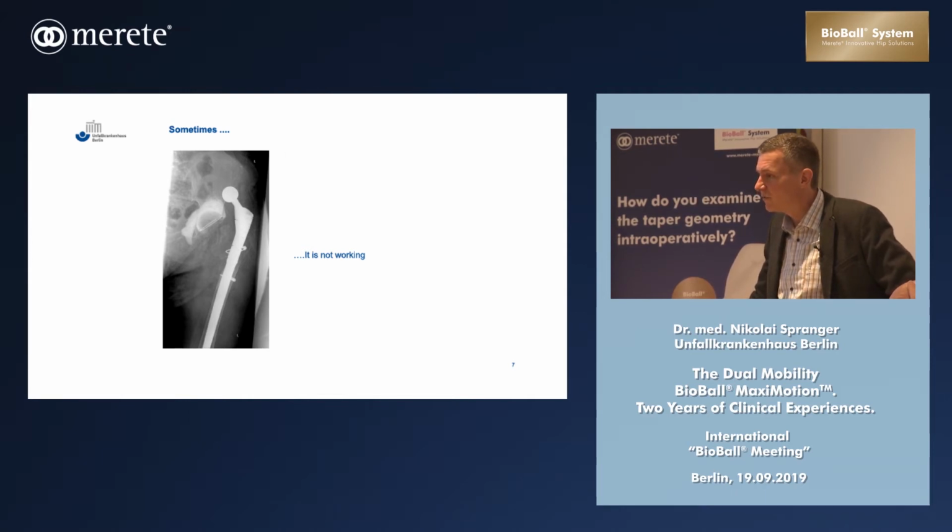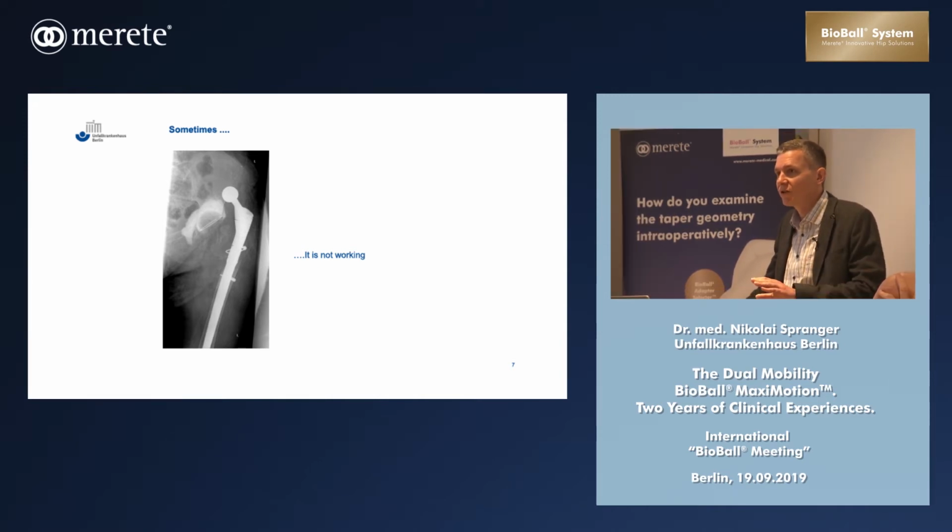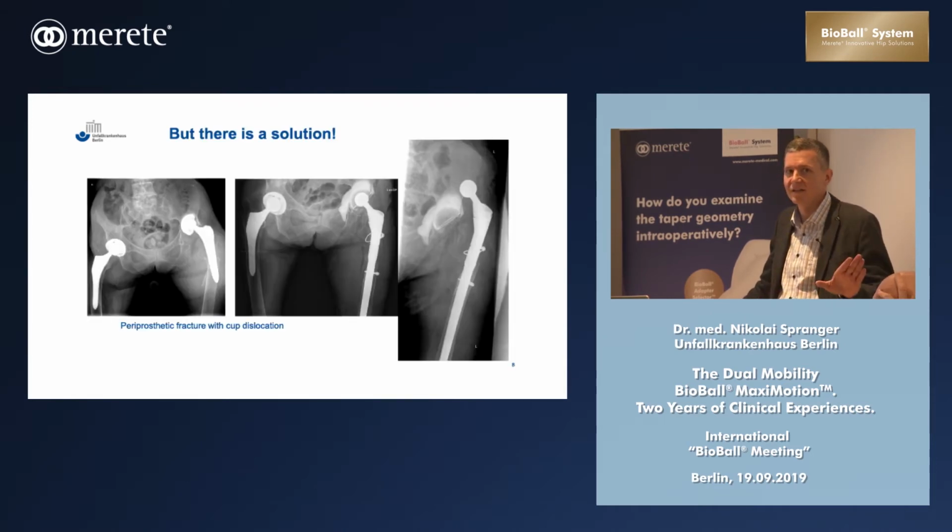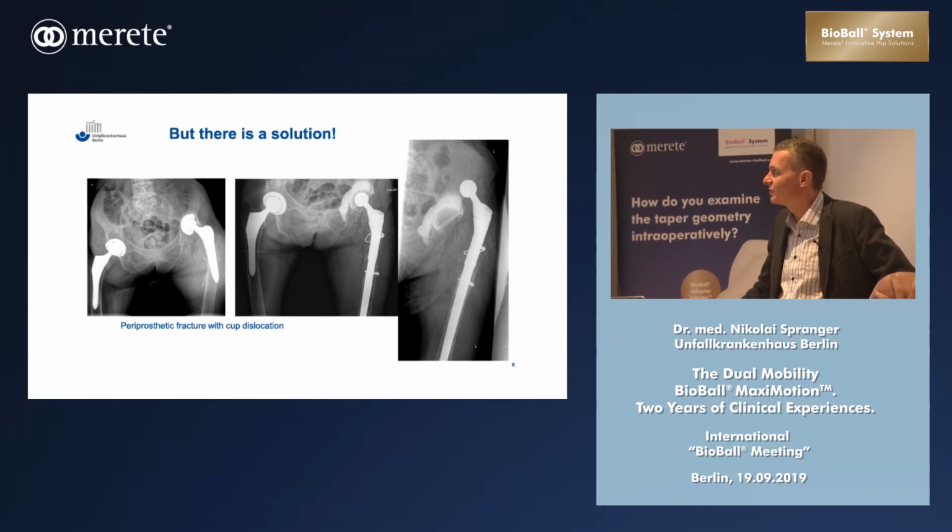Unfortunately, we often have these patients that get referred from other hospitals, not because the surgeon says this is the problem, but because the anesthesia says we do not do any anesthesia for them anymore, so these patients get referred to our clinic. And then you have to find a solution.